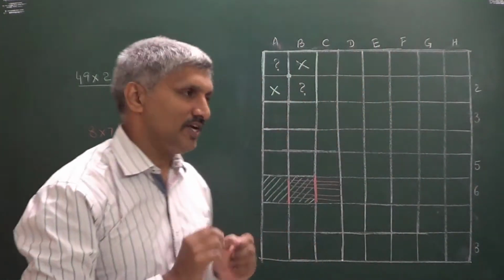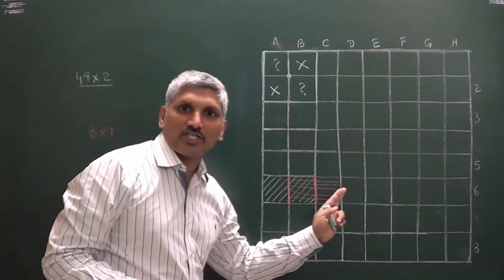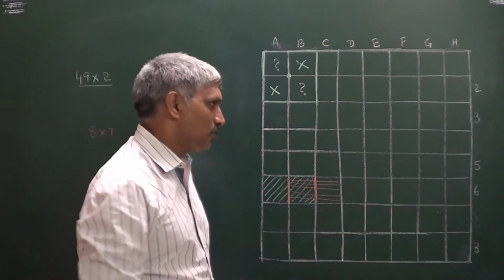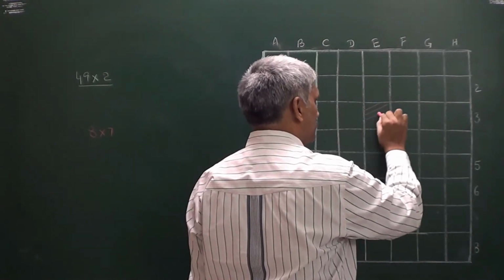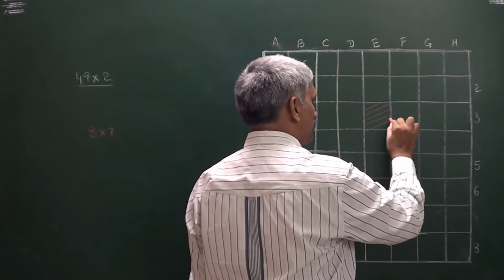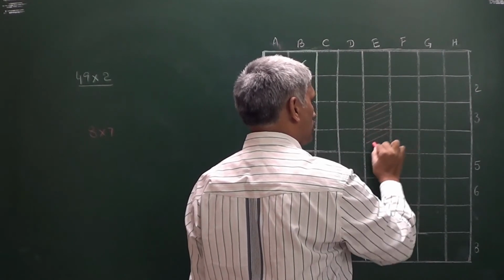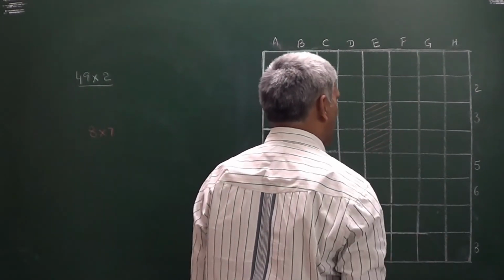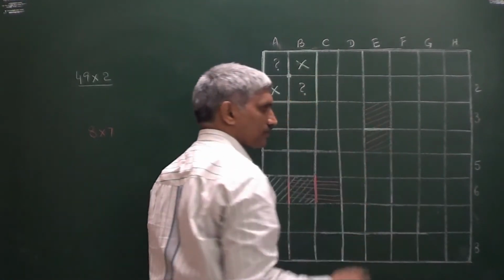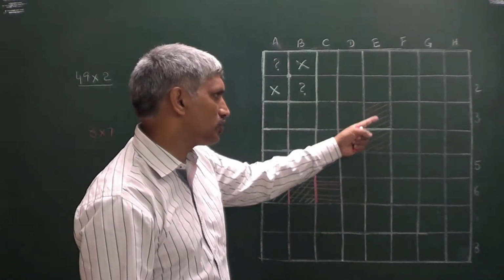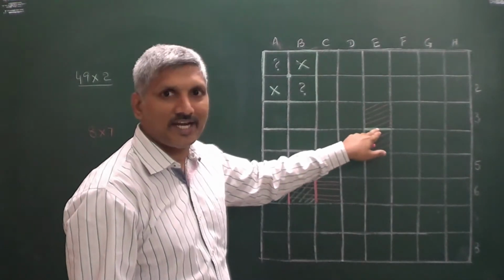But wait, sir, why are you selecting the squares along the row only? Why can't you select squares like this? These are the two squares I selected. In these two squares case also we have a side common. You can observe this is the common side. If I select these two squares, we have this side common.